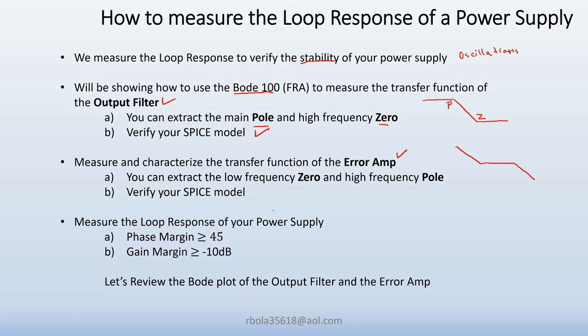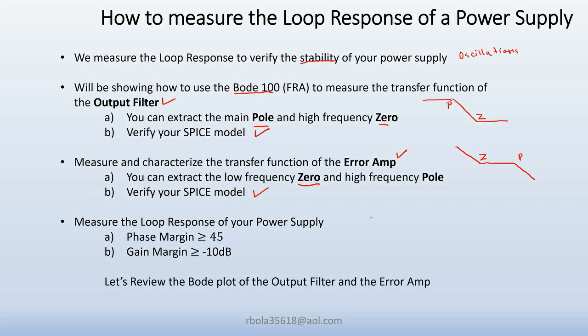By measuring, at low frequency you're going to get a Z, which is a 0, and then at a higher frequency where it starts breaking down, that's your pole. By measuring it with the Bode 100, we were able to see these two transfer functions. Once you have a measurement, you can compare it with your spice model and verify that your spice model is working correctly.